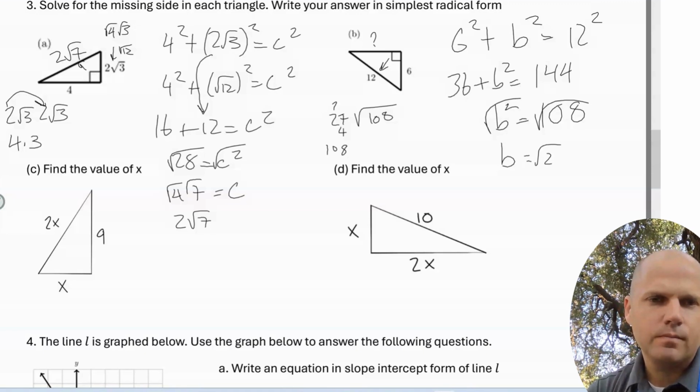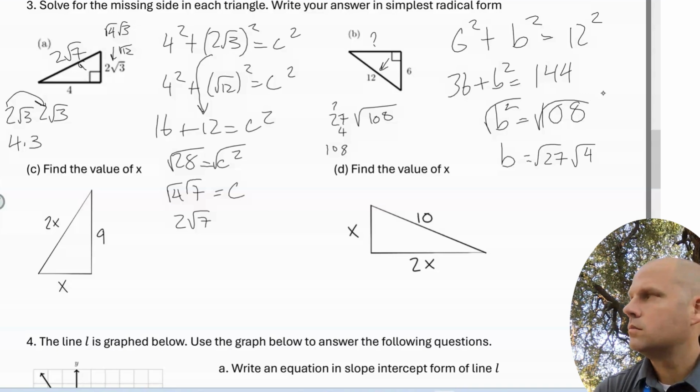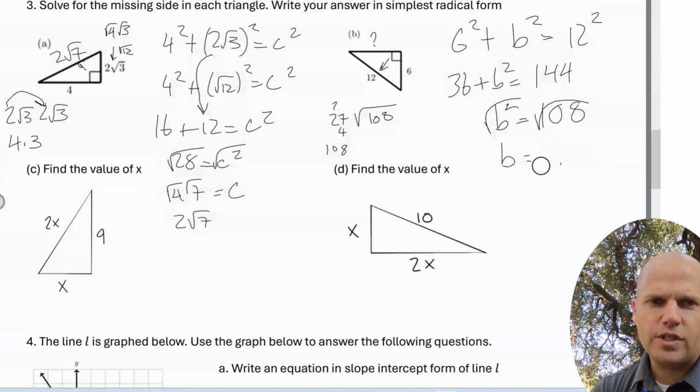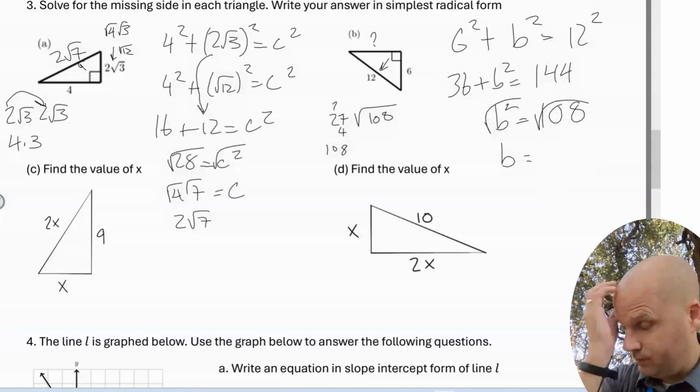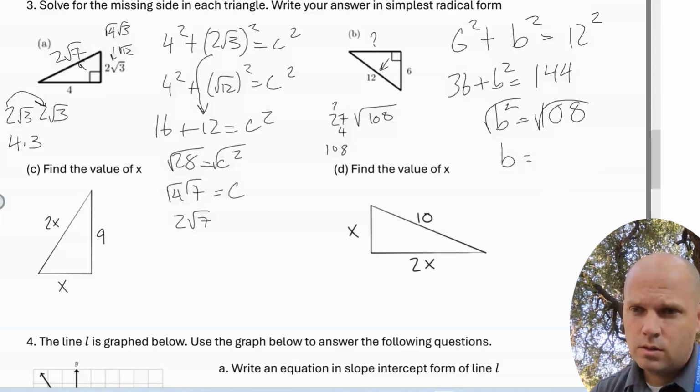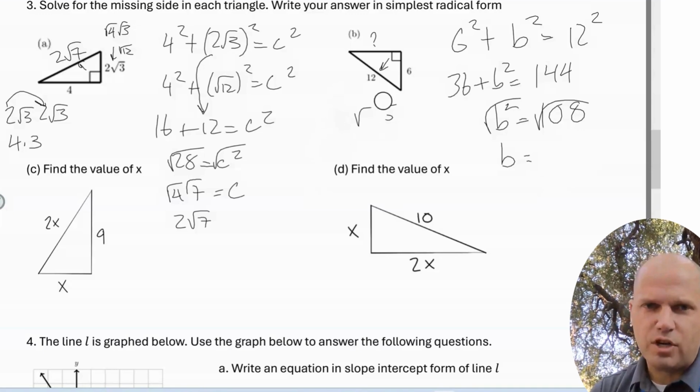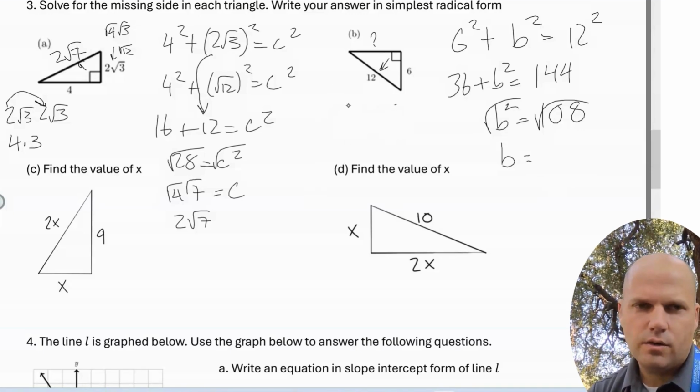Look at that. 27 is not a perfect square. It's a perfect cube. 36? 36 times 3? 36 times 3.